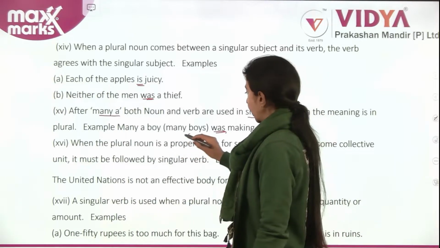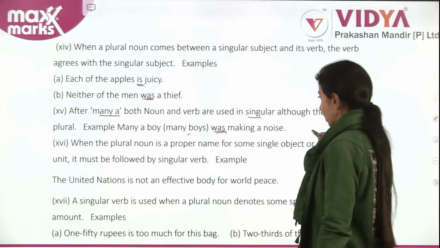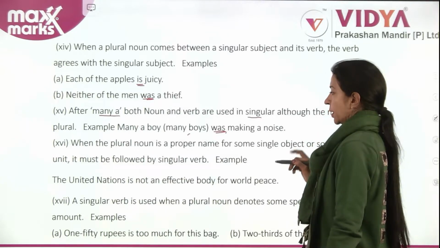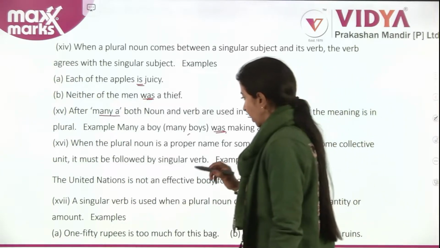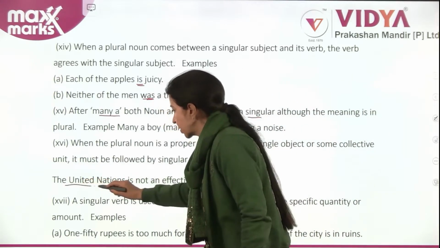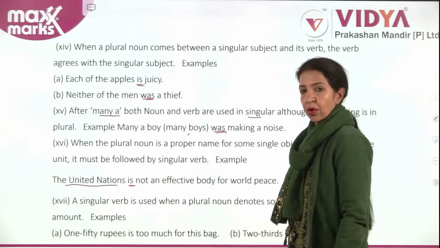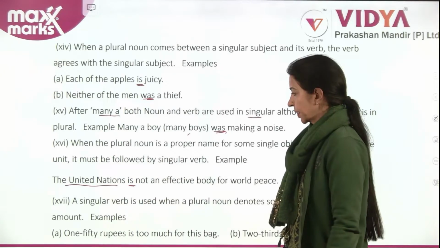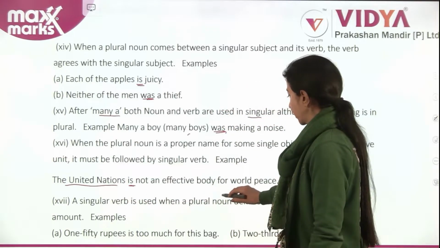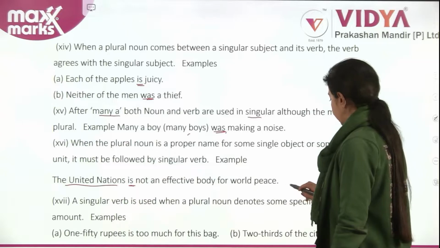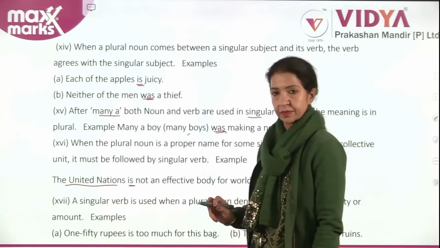When the plural noun is a proper name for some single object or some collective unit, it must be followed by a singular verb. Example: the United Nations is not an effective body for world peace. Look at the next one now. A singular verb is used when a plural noun denotes some specific quantity or amount.